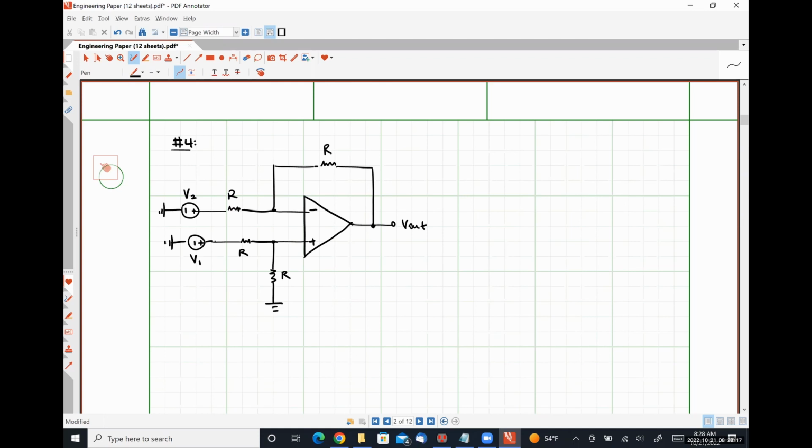Now let's use our three-step process to more formally look at what's happening here, okay? So if no current can flow here, and no current can flow here, what do I expect my voltage V plus to be?